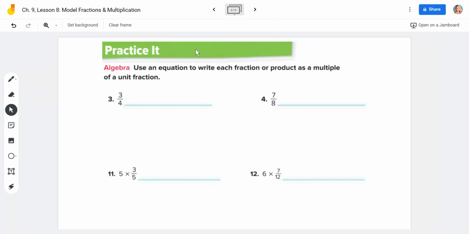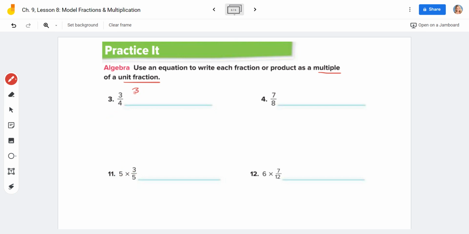All right, so let's take a look at the next example. Use an equation to write each fraction or product as a multiple of a unit fraction. So here's my fraction, here are my products because they're actually multiplying.